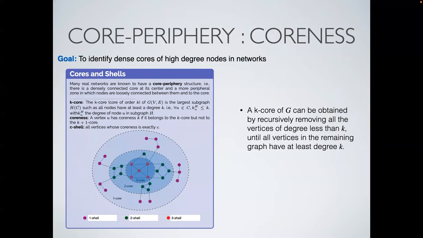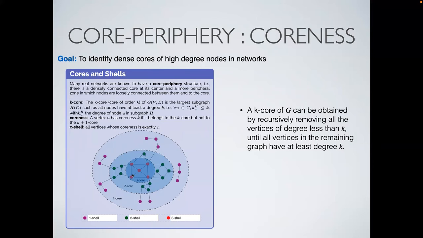Another notion, and I will go fast on this one, is the core periphery structure. We'll talk more about that when we talk about how networks are organized. But you can compute some value of the K core, which tells you if your network is organized in a core periphery structure or not.